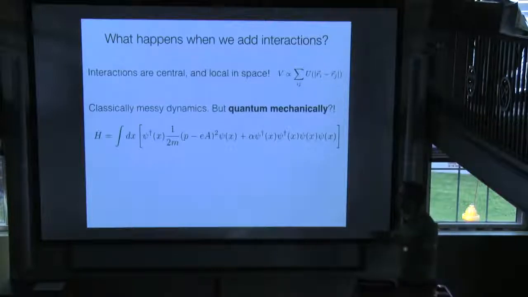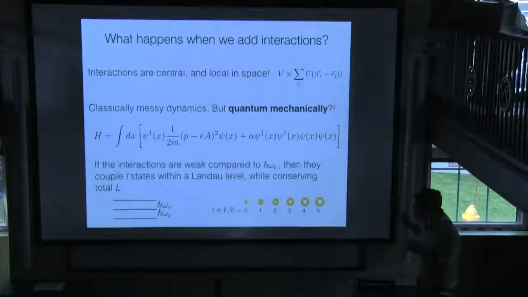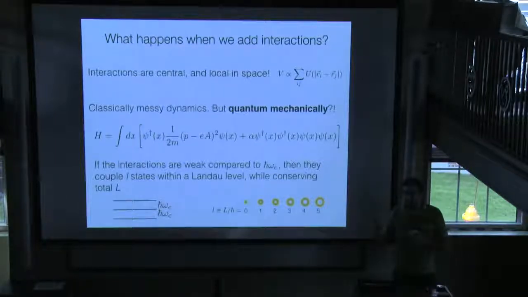For those who come from the cavity side, it's maybe a little less familiar. But what I'd like to do is say, if we first diagonalize this part, we get all of these eigenstates in the Landau levels. And I just want to think about interactions that are weak compared to the spacing between the Landau levels. Okay? So you might say, doesn't that mean we're in a weakly interacting limit?